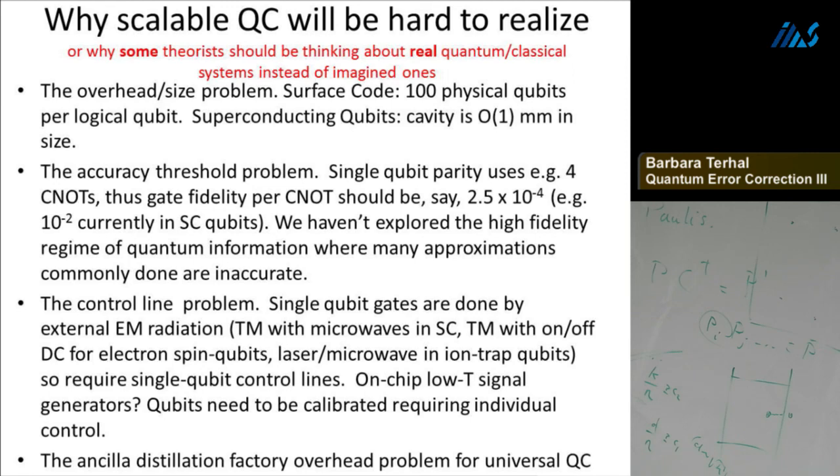I didn't actually show this, but there are hundreds of ancillas that you need in order to get one logical gate. How much can we improve on that? There's been some more recent work on that, and maybe there are even cleverer ideas to pursue in this direction. I just want you to think about these things, and maybe you have some response to it as well. Okay, that's all.